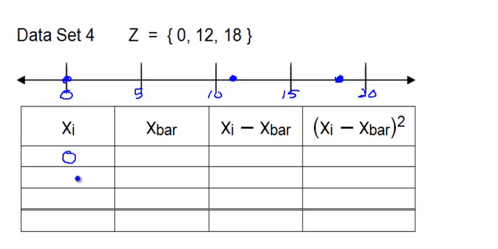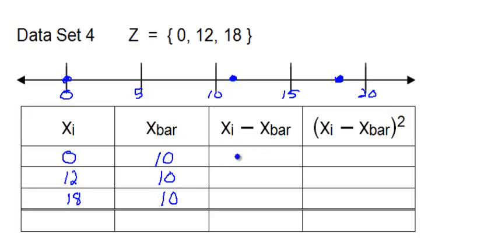So our x's are 0, 12, and 18. X bar would be the sum of these three. 0 plus 12 is 12, plus 18 is 30. 30 divided by 3 is 10.